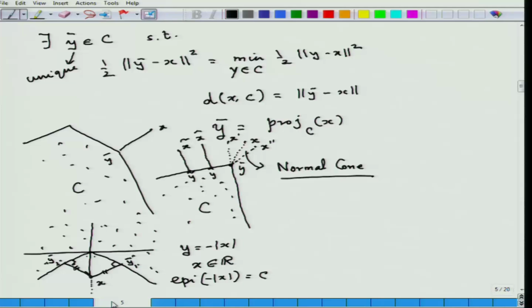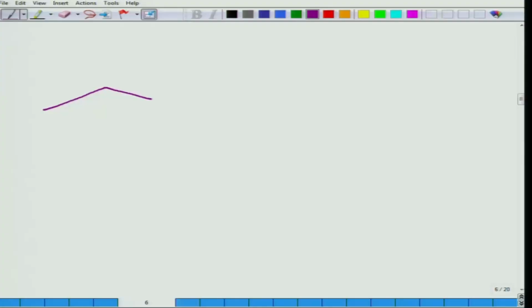So, we will go back and draw the picture again. There is a point x outside, and I want to describe the hyperplane which will strictly separate the two.